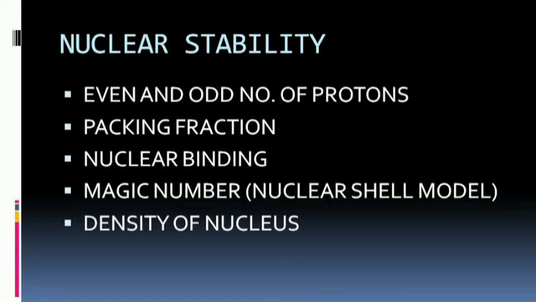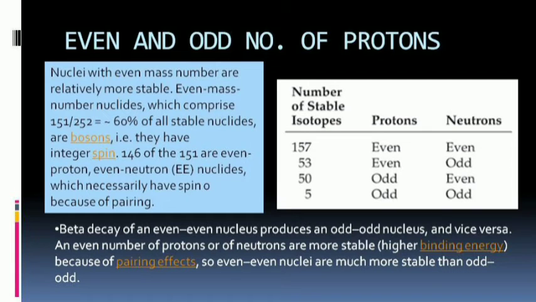When we talk about even and odd numbers of protons, nuclei with even mass number are relatively more stable, and even mass number nuclides, which comprise 151 of 252, approximately 60% of all stable nuclides, are bosons. That is, they have integer spin.